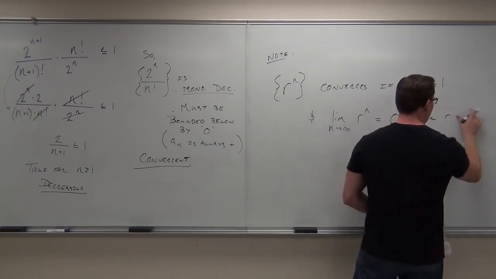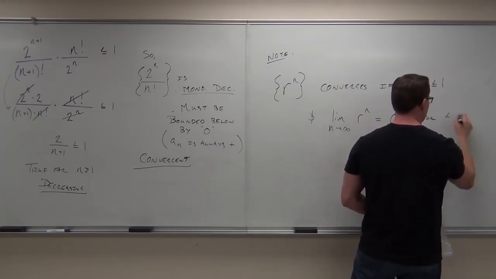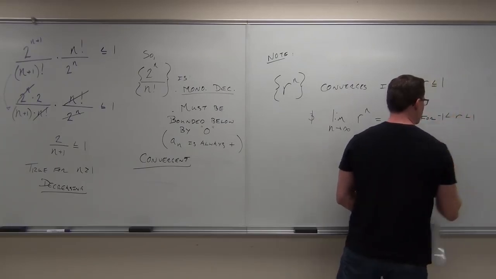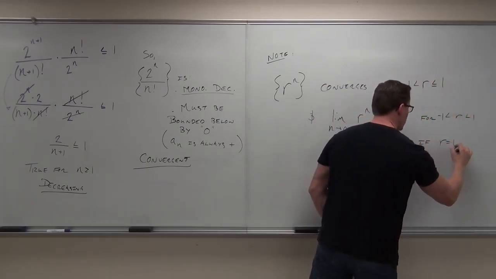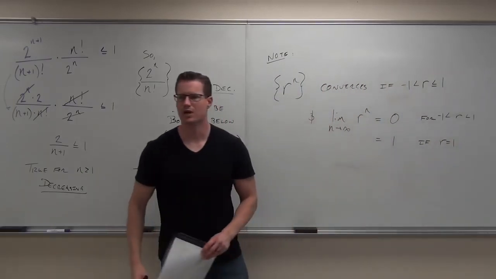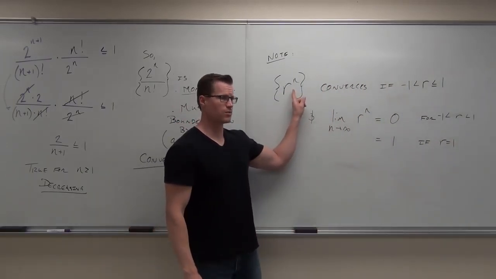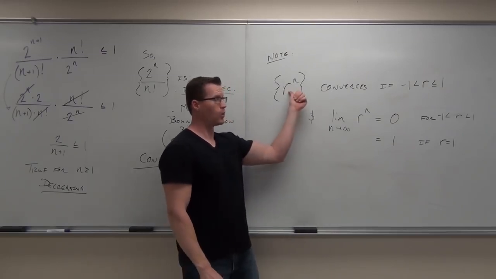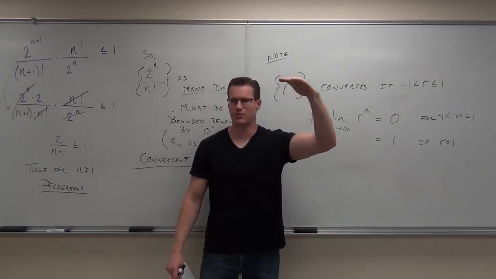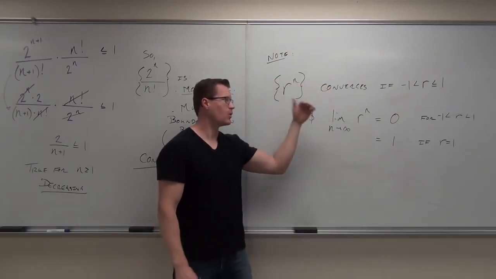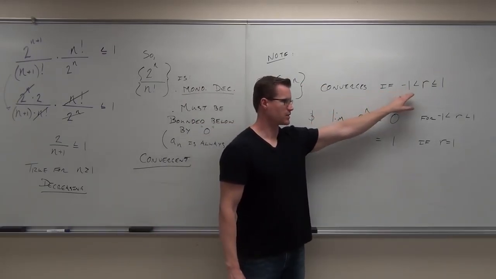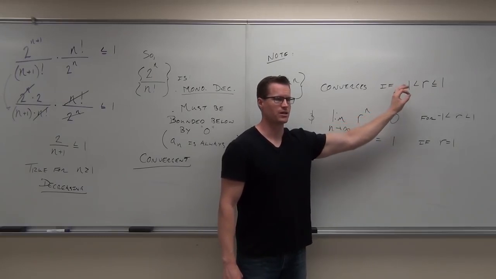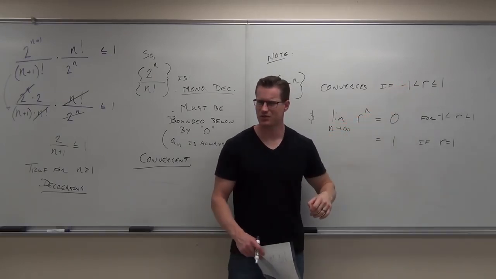For r between those two numbers, it would equal 1 if r equals 1. That's the only two options you got. This is either going to go to 0 or it's going to go to 1. If this is 1, naturally 1 to whatever power is going to be 1. If it's not 1, it's either going to diverge if it's outside this range, or it's going to converge if it's inside that range. Have I made that make sense for you?